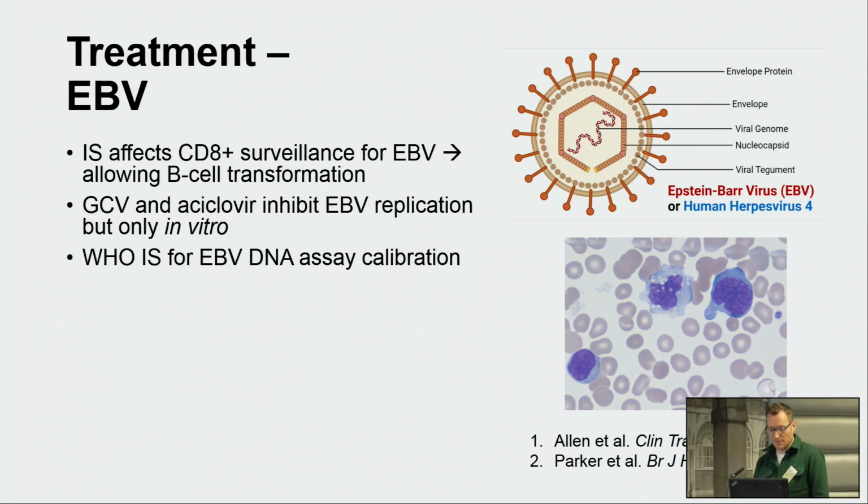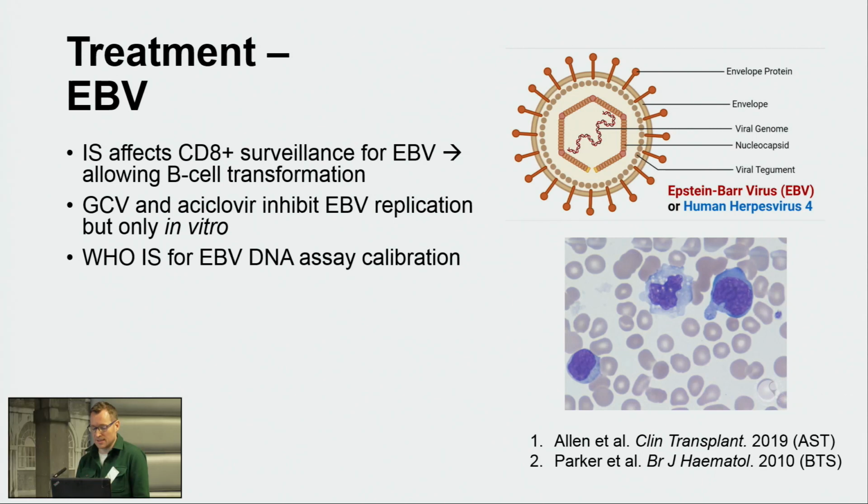So moving on to EBV. So EBV is also a herpes virus, and we know that immunosuppression affects your cytotoxic T cells and their ability to search for EBV in the body. And if EBV is allowed to replicate, then you get B cell transformation, and that can be a potential kind of pro-oncogenic process that can then lead to PTLD.